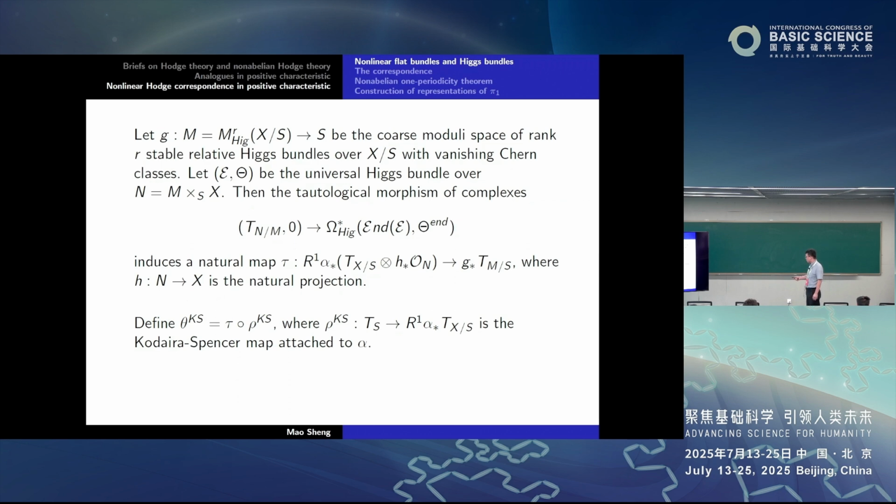To define it is a little bit involved, using the Grothendieck spectral sequence, where you map from the upper corner to the bottom. Anyway, we can define explicitly some maps which make this G a nonlinear Higgs bundle.